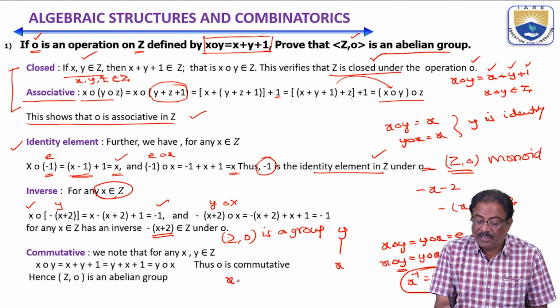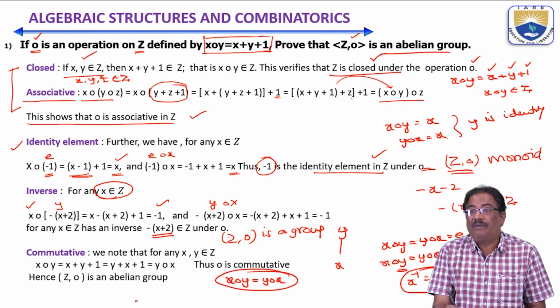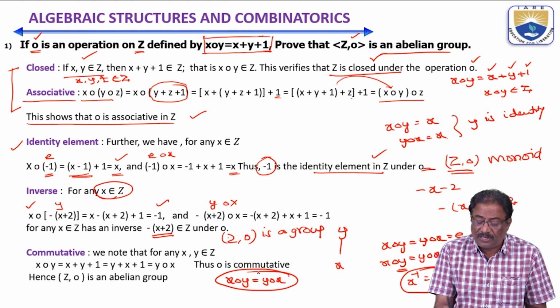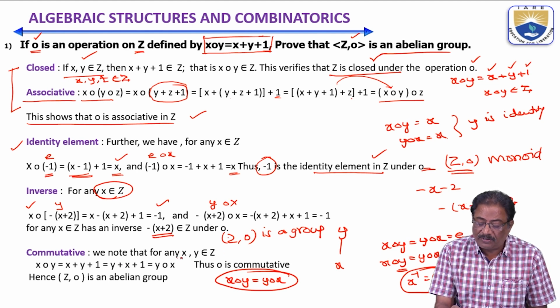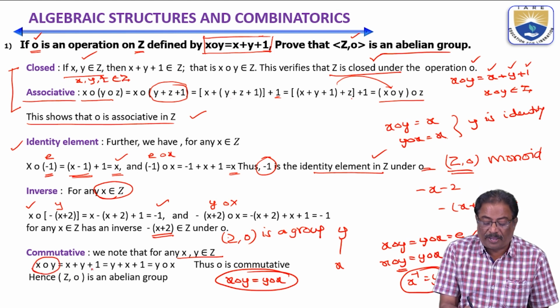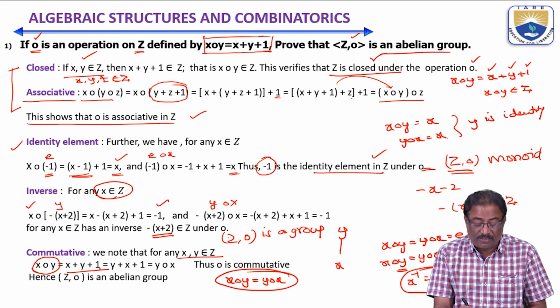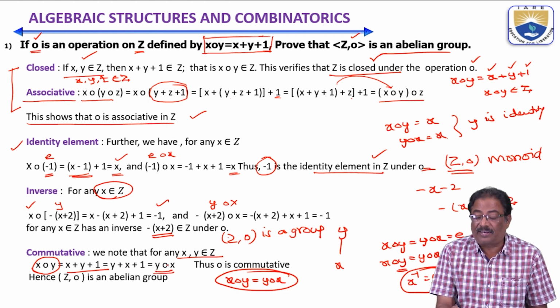After that, if it is a group and satisfies the commutative property, that is, x circle y is equal to y circle x, then we can say that the group is an abelian group. So we take any two elements x comma y belonging to Z. Then x circle y is x plus y plus 1, and interchanging, we write y plus x plus 1, which is y circle x.